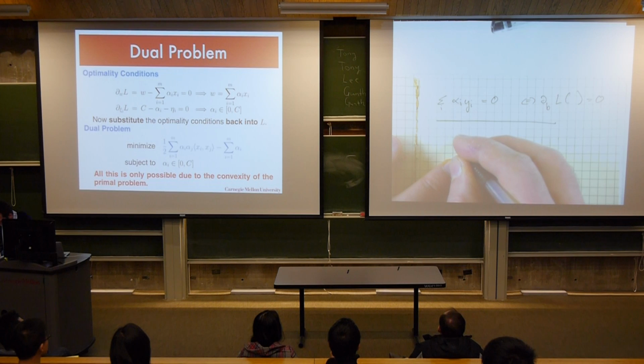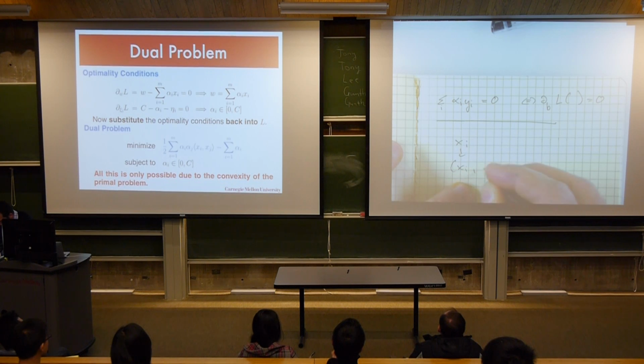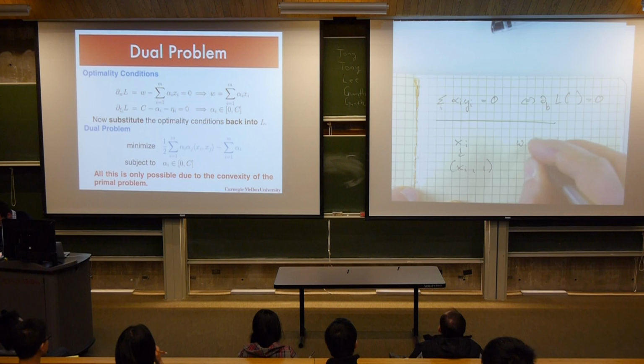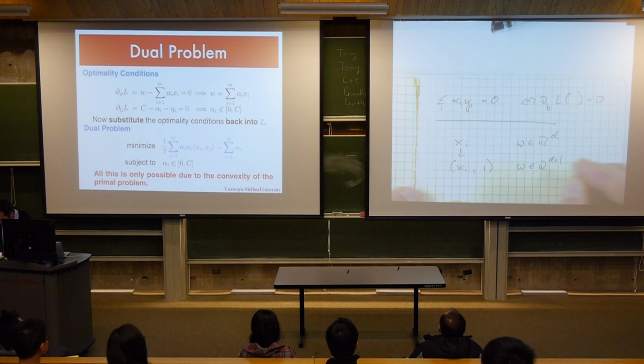So let's say rather than taking xi's, I transform them into xi and 1. And if here w was in R^d, here it would be in R^(d+1). And exactly as you would expect, actually, let me put the 1 here and make this the 0th coordinate, just to make it a little bit nicer.